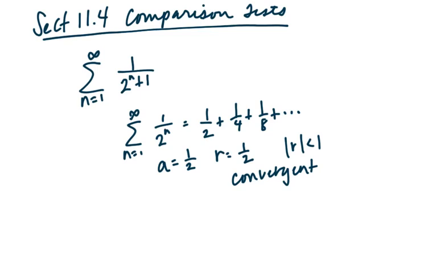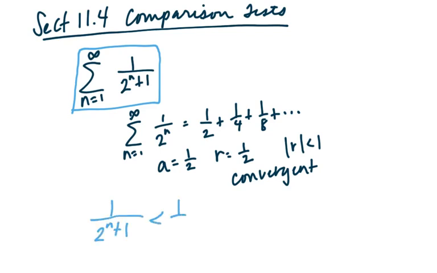The series that we were given, the series up here in blue, is very similar to our convergent series. So we think it's convergent, but if you think about this, 1 over 2 to the n plus 1 is less than 1/2.